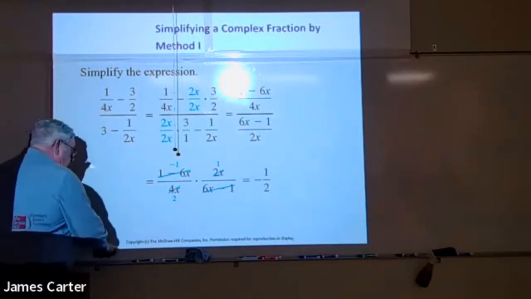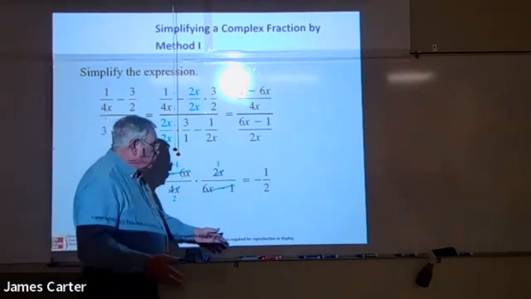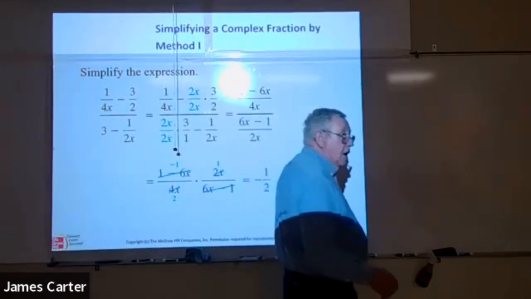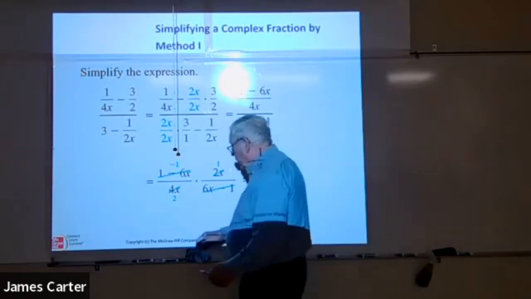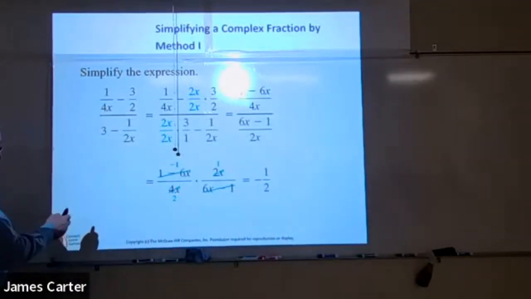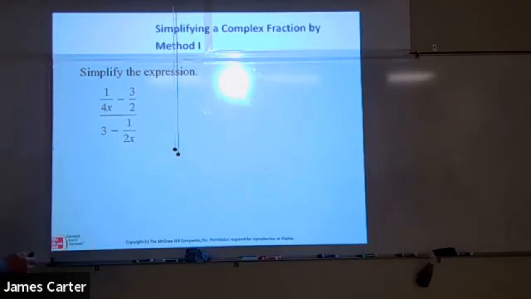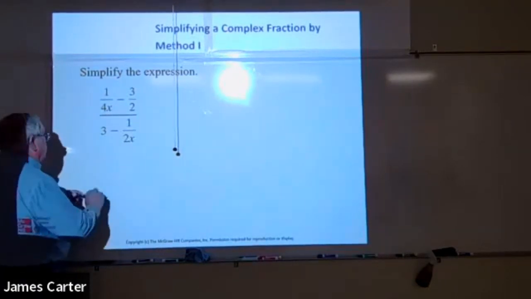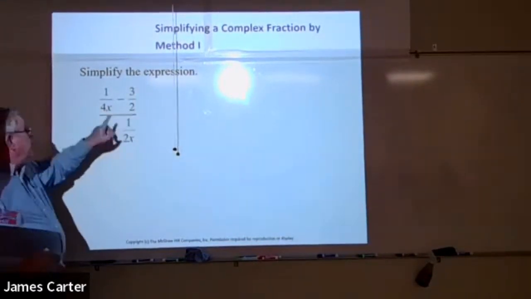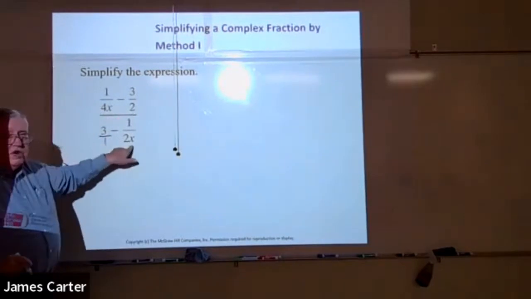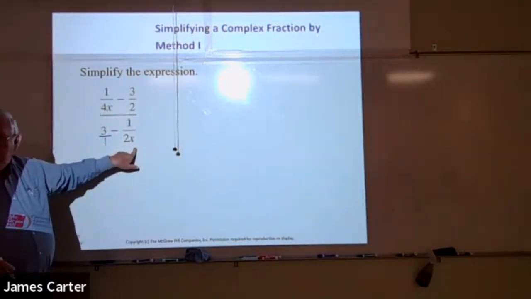Now, I want to show you the method that follows those rules that I wrote up here the other night. I'm going to go back to there. Okay, I'm going to put this over 1. Now, what I said is find the common denominator of all 4 denominators, right?